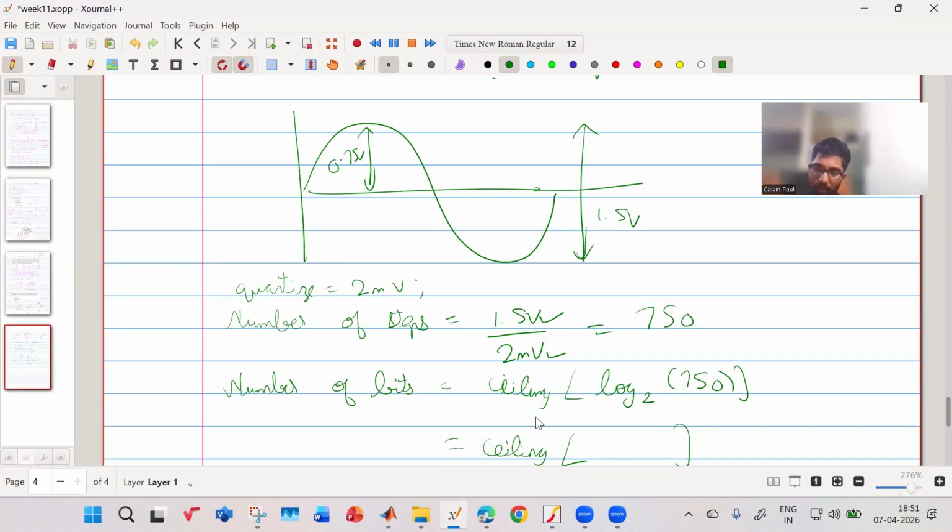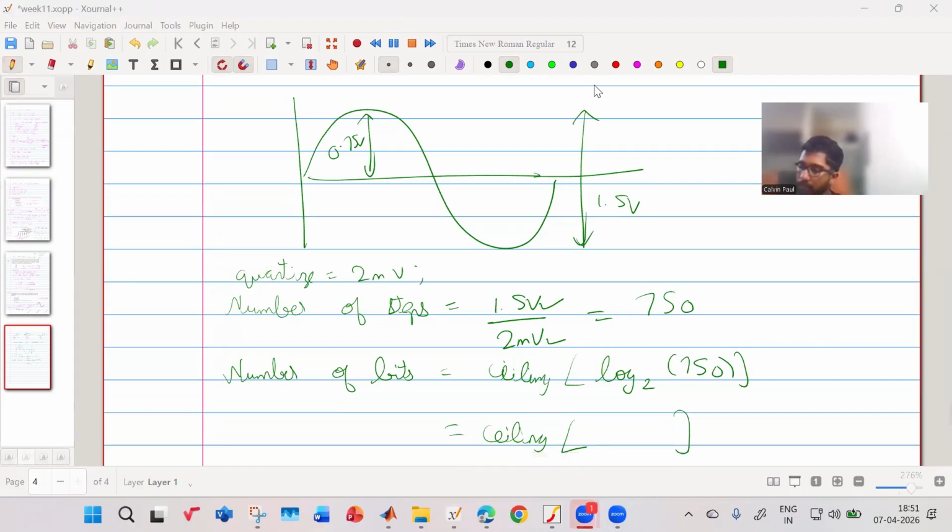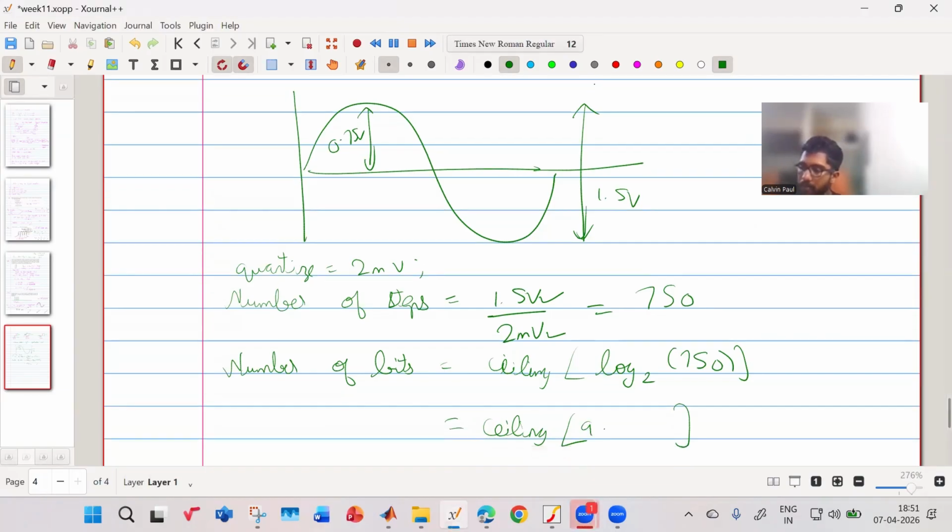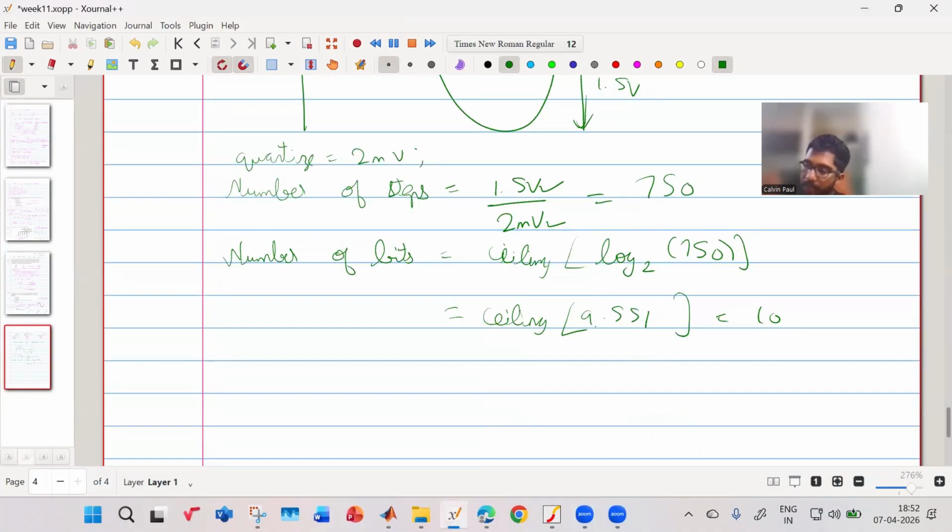That will be 9.551, and the ceiling of that is 10. So you require a 10-bit ADC. Correct, both of you are correct. A 10-bit ADC and DAC would be needed for this example.